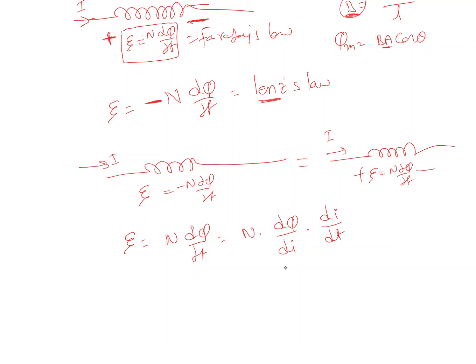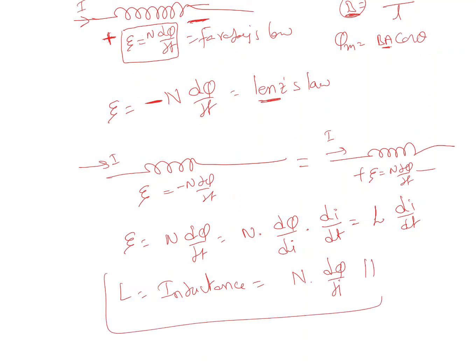This N times d phi by di we indicate as inductance L, so E equals L times di by dt, where L is the inductance, equal to N times d phi by di, measured in Henry.